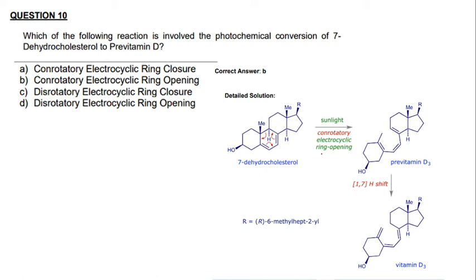This bond will break and it will form this previtamin D3, and then a 1,7 hydrogen shift will occur, leading to vitamin D3. Okay, so option B is correct.